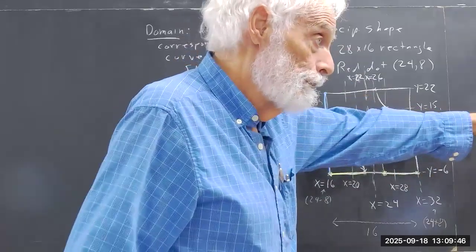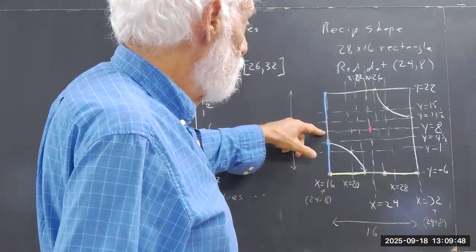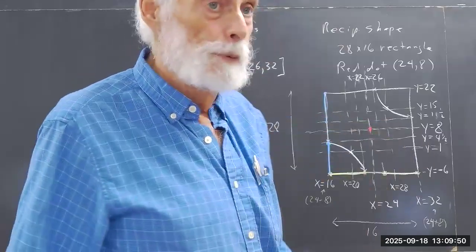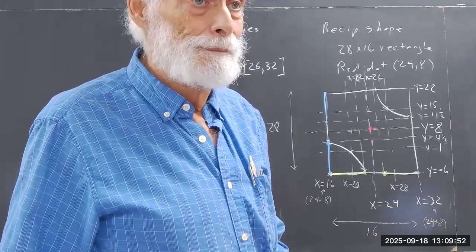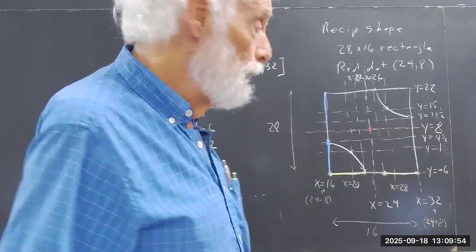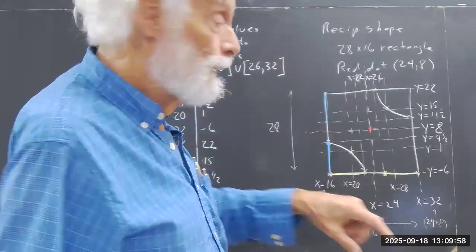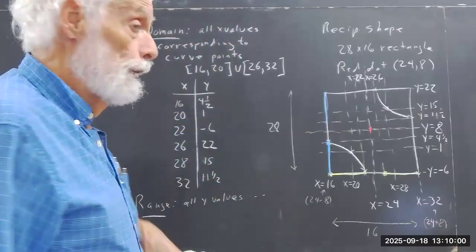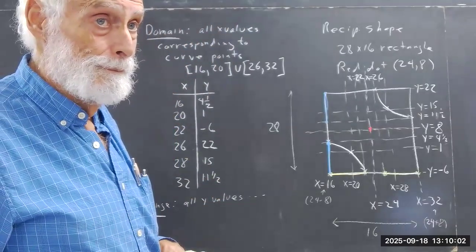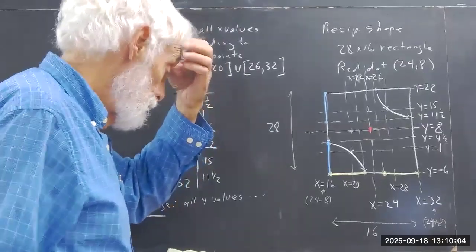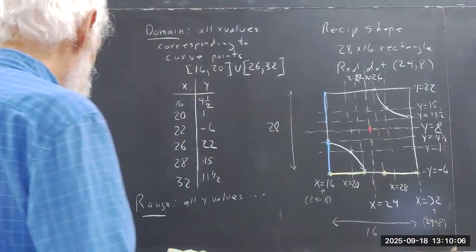So if it's continued, every point down to but not including the center line would be in the range. Okay, and you can store that away. Right now, we're just looking at the graph. So as graphed, here's your domain and here's your range. Fair enough? Okay.